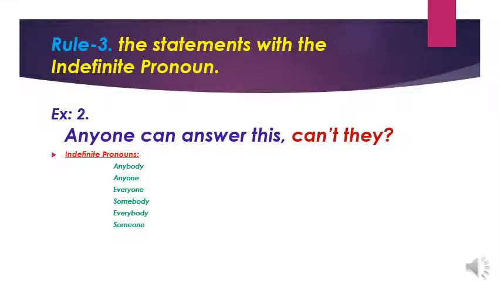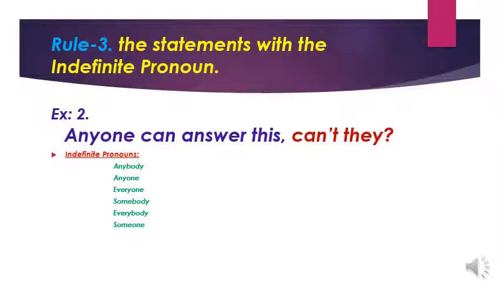And coming to the next one, for example, anyone can answer this. First, we have to place a comma after the statement. Next, in this, can is the helping verb, but we don't have the singular and the plural form for can. So, we have to take only the word can.